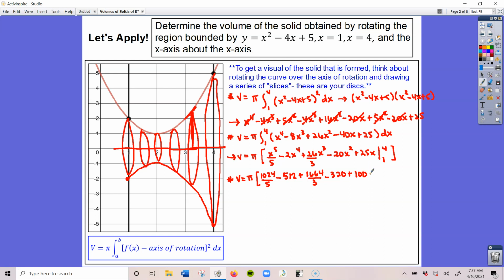Now I'm going to subtract for when I plug in 1. So I'm going to open a parentheses now to remember that I will have to distribute that negative. So this would be 1 over 5 minus 2 plus 26 over 3 minus 20 plus 25.